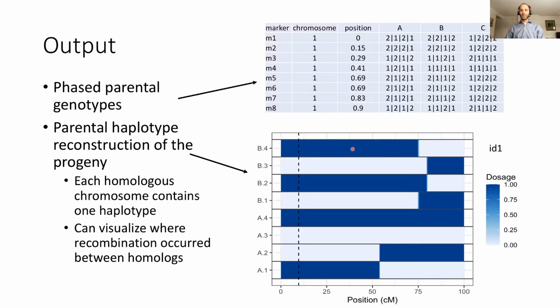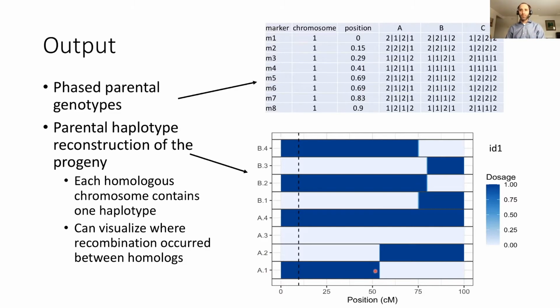And you can then look at this and easily see where the recombination breakpoints occurred. We've seen examples of this already, so I don't want to belabor this too much, but just to look at this one example, this particular individual, at this part of the chromosome, contains the first haplotype from parent A, and that's represented by a period in between the name of the parent and then a 1, 2, 3, 4 to designate the 4 haplotypes in that parent.